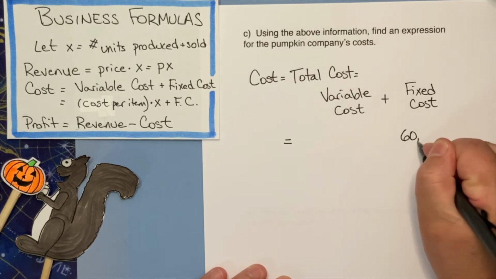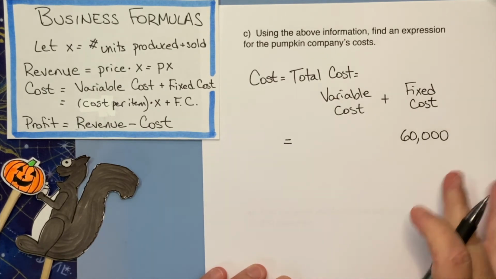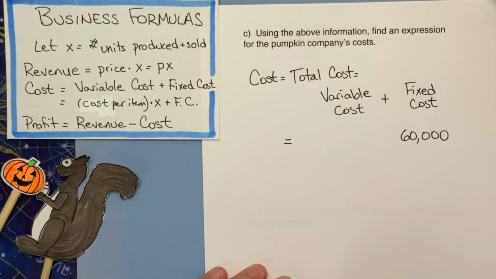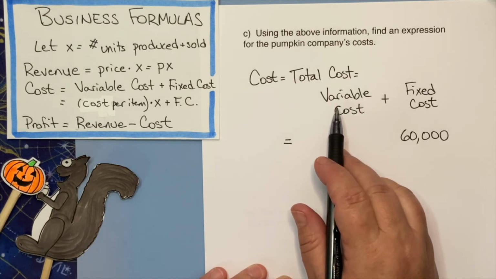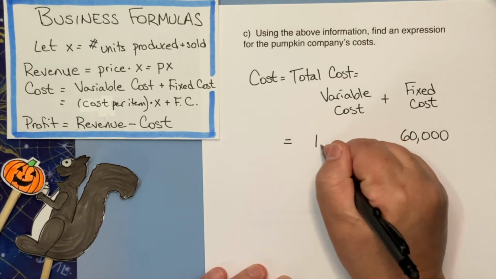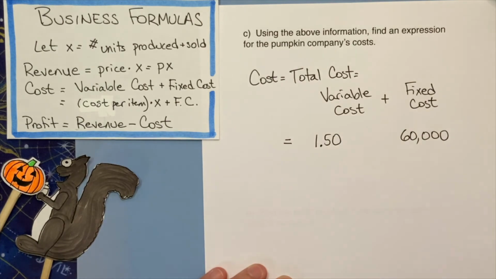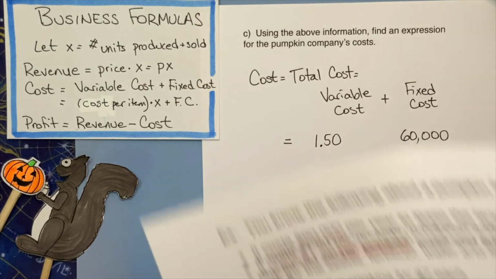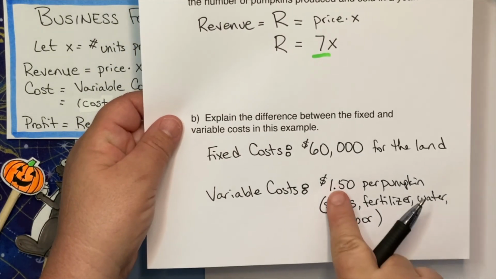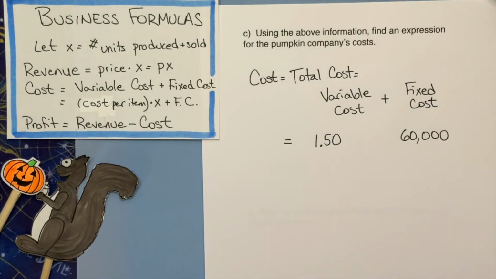That 60,000 is just straight up 60,000. That just becomes a single cost because it's not per pumpkin. But the variable cost was $1.50, as you recall. So if we look at the previous page, the variable cost is $1.50 per pumpkin. And now here's where people sometimes forget things.